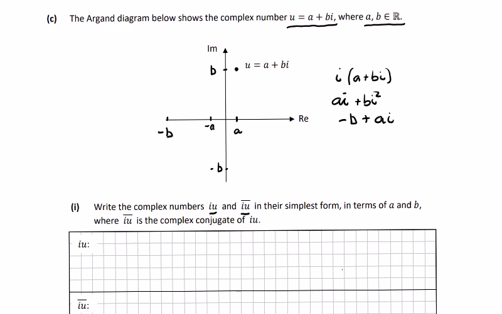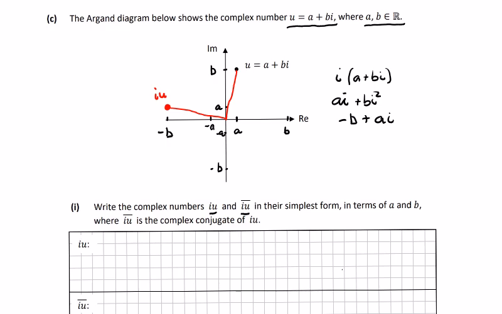Minus b, and if we need it along here, we'd have plus b, and then a here, and minus a here if we need it. Okay, what are we asked to do? Plot this minus b plus ai. So it's here, iu, and if we draw a line from here to here, you can see the angles in there are the same. We could get the slopes of these lines and show that it equals 90 if we needed to.